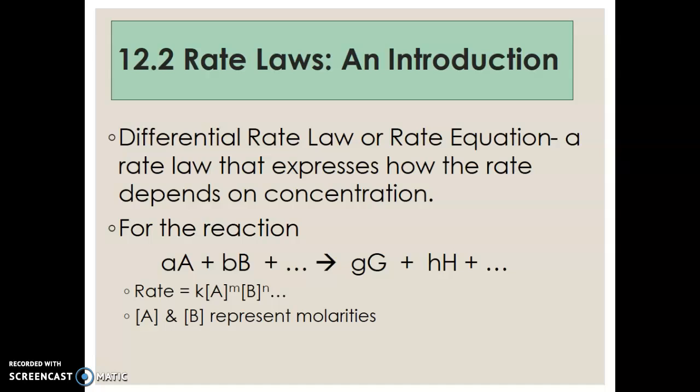So the rate law, or rate equation for this reaction, is going to be rate equals k times the concentration of A raised to the power of m times the concentration of B raised to the power of n. So remember that because A and B are in brackets, that's representing concentration, so those represent molarities.